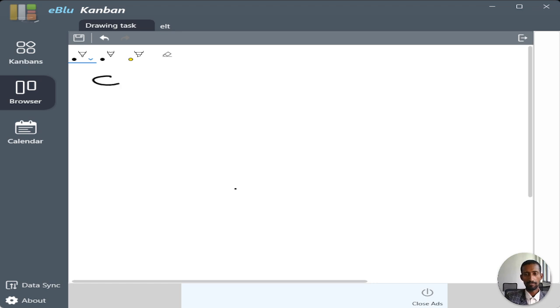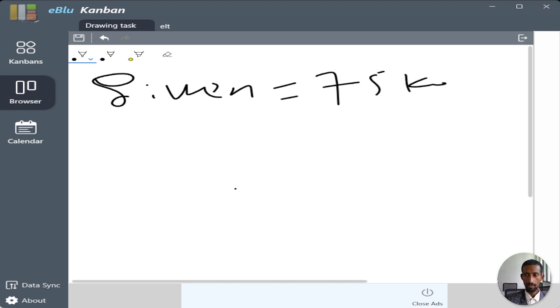What is the given value? We are given 75 kilograms of electrons, and we are asked to calculate the charge of this 75 kilograms of electrons. So the given mass is 75 kilograms.